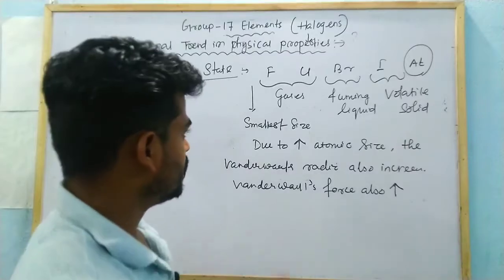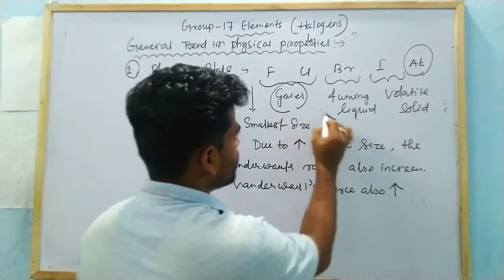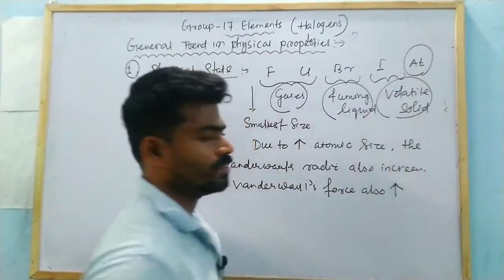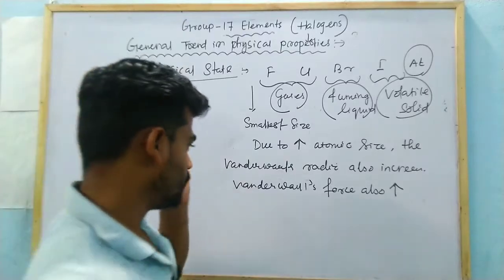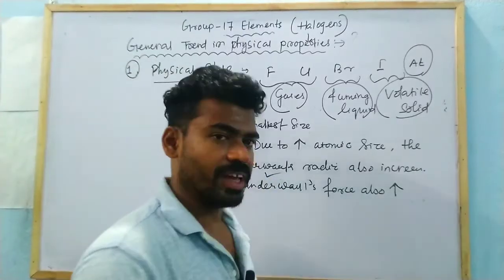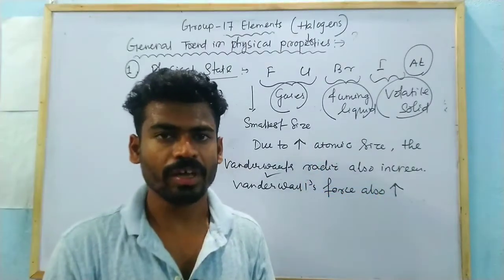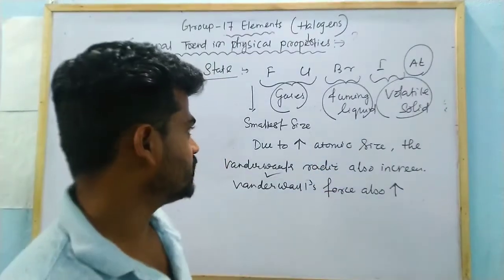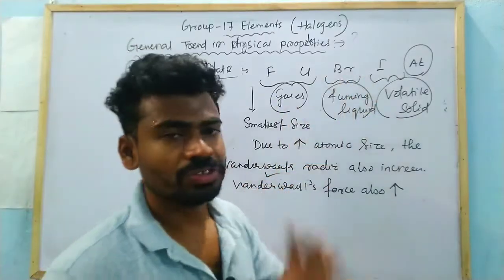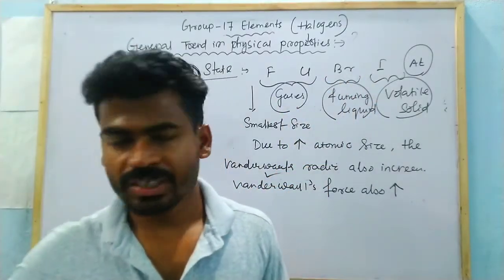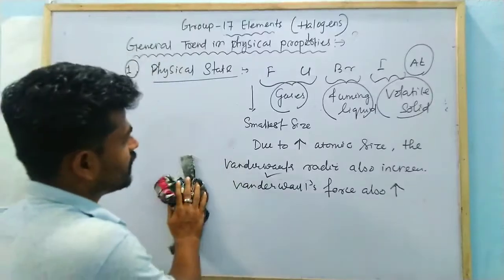So the trend becomes gases, then liquid, and then solid. It is completely based upon the van der Waals force of attraction. As there is an increase in atomic size, definitely the force of attraction will be more. That's why the physical nature changes from gaseous to solid. So this is regarding their physical state.